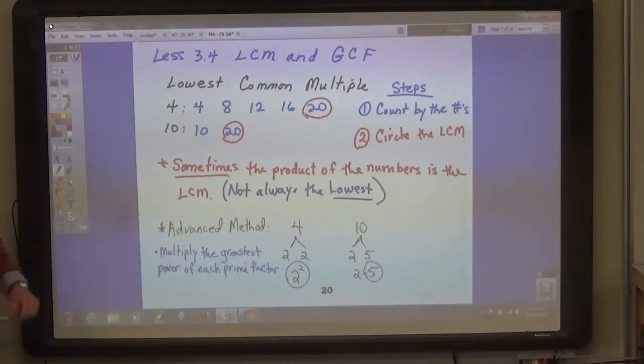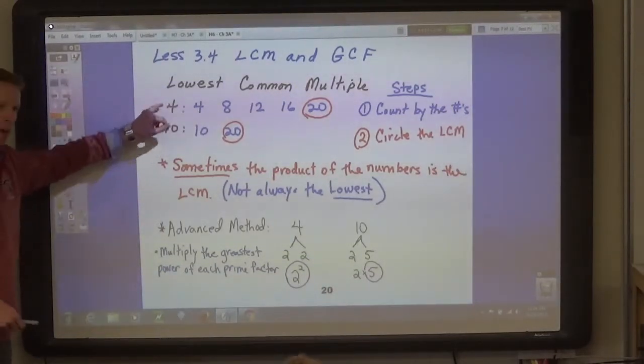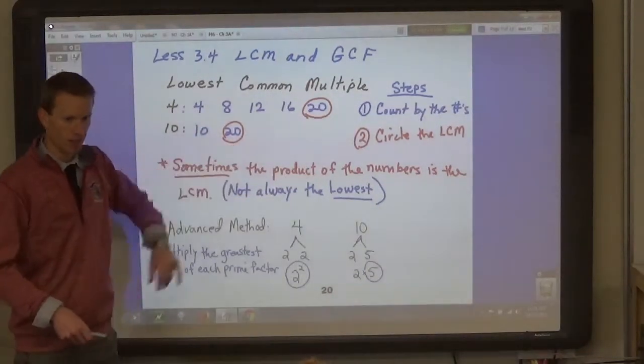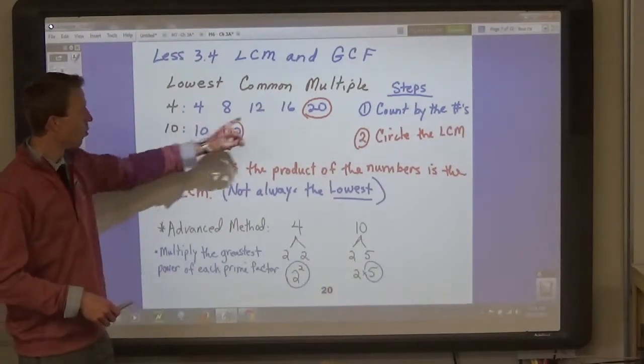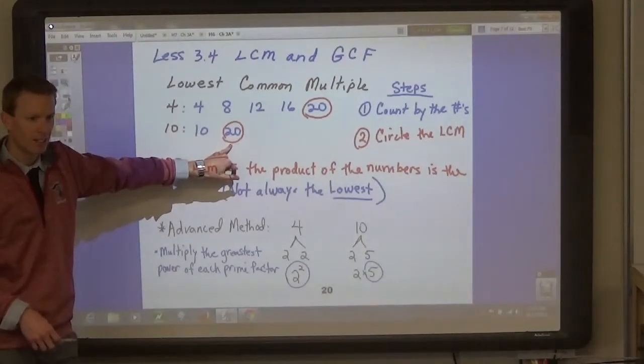Okay? Now, when you're given two numbers, you sometimes have to find the lowest common multiple. If you count by both numbers, you will find a common number that they both have in their list. 20, and if you count by tens, you get 10, 20.